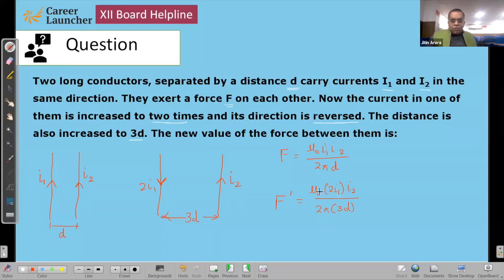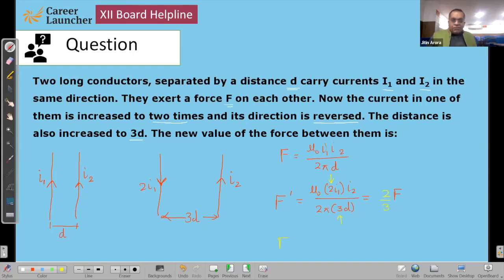So if mu naught I1 I2 upon 2 pi d is replaced by F, what is left here? You're left with 2 from here. So 2 लिख दिया और नीचे से क्या आया 3. So this is 2 by 3 F.